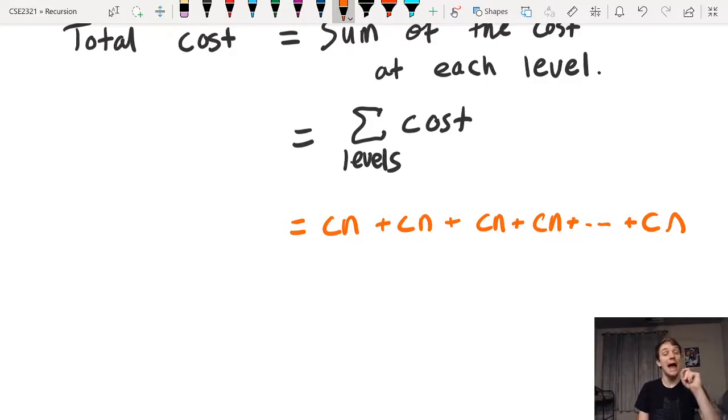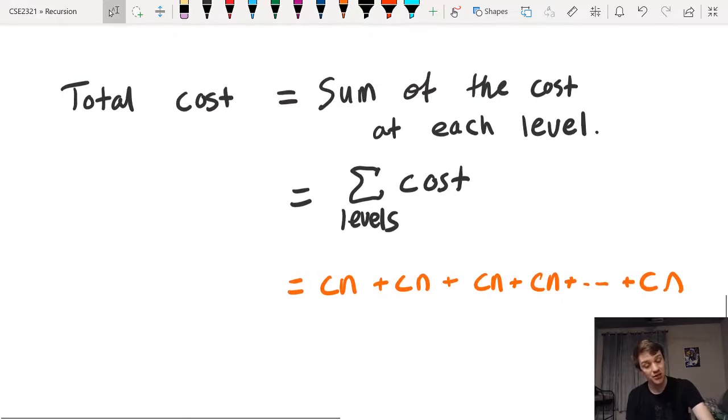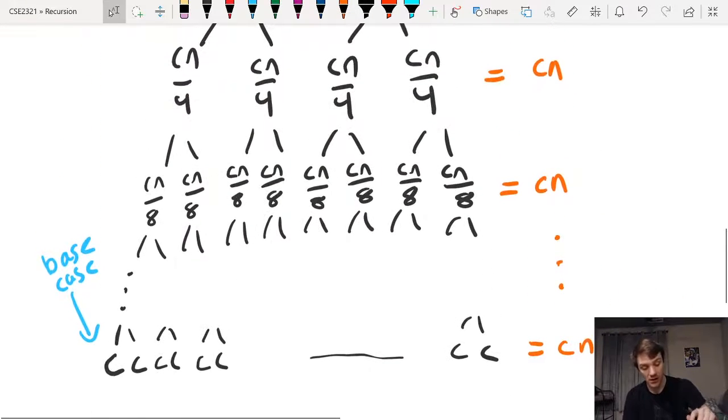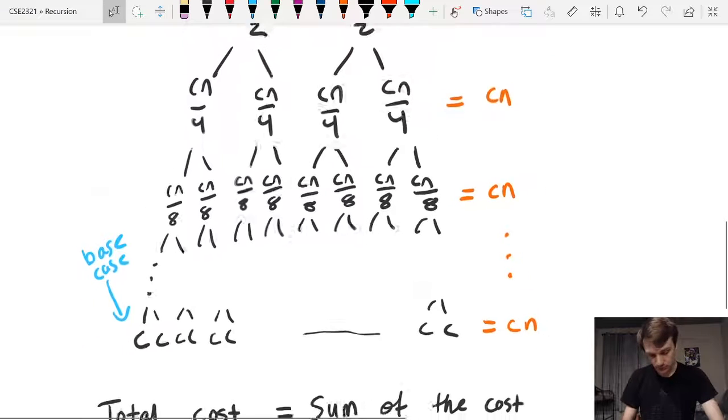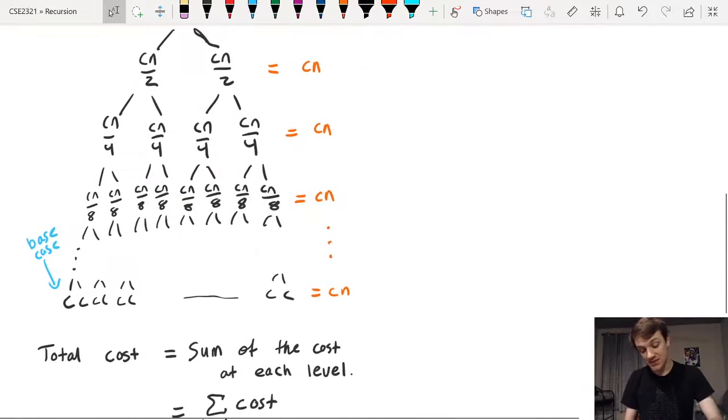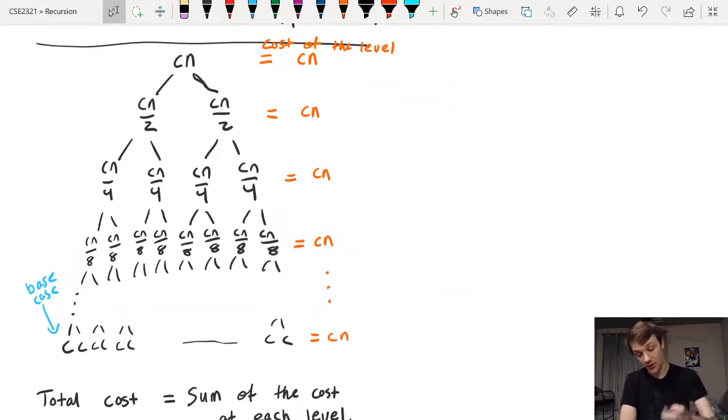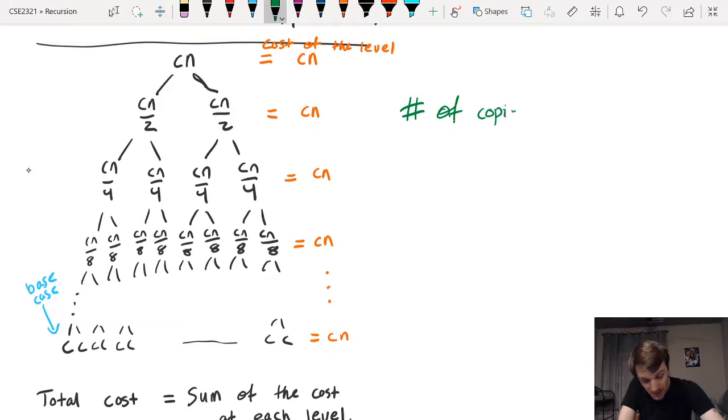We need to identify how many copies of Cn. If we go back up to the tree and look at it, the number of copies of Cn is actually the height of the tree.